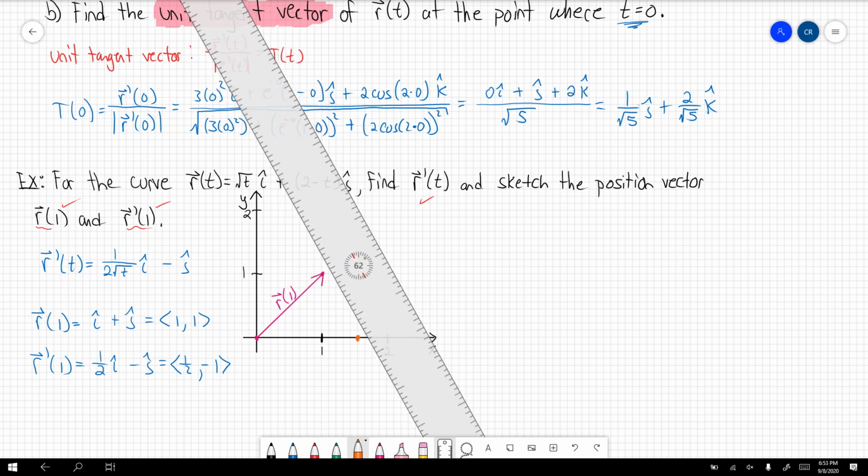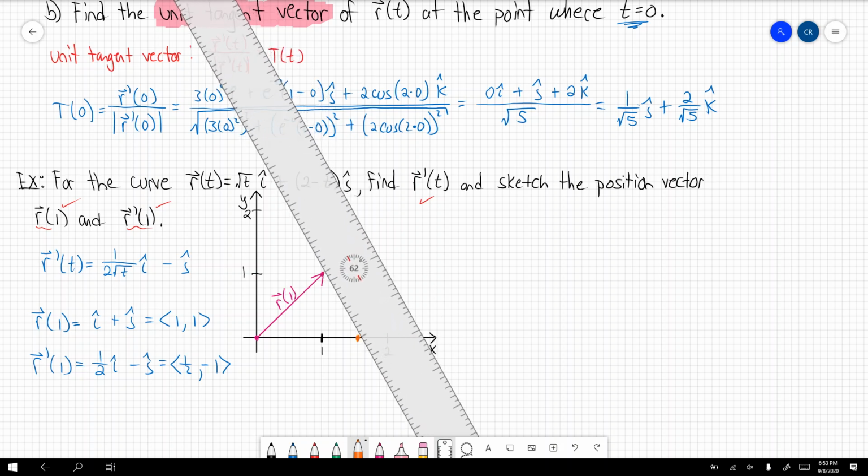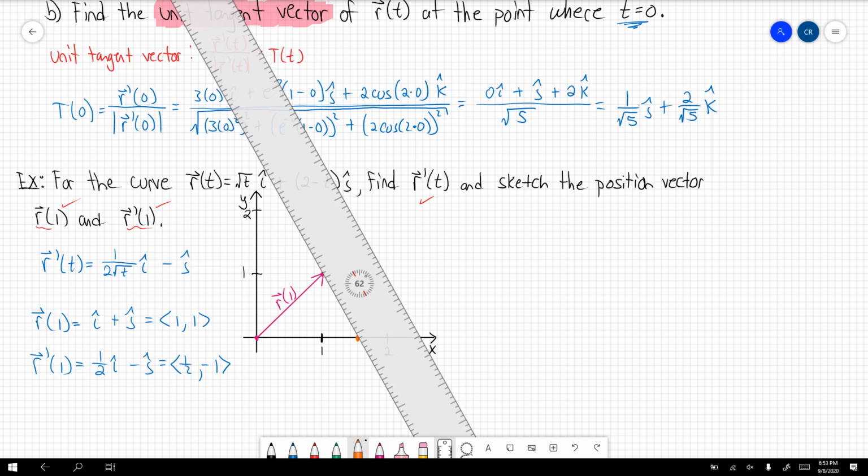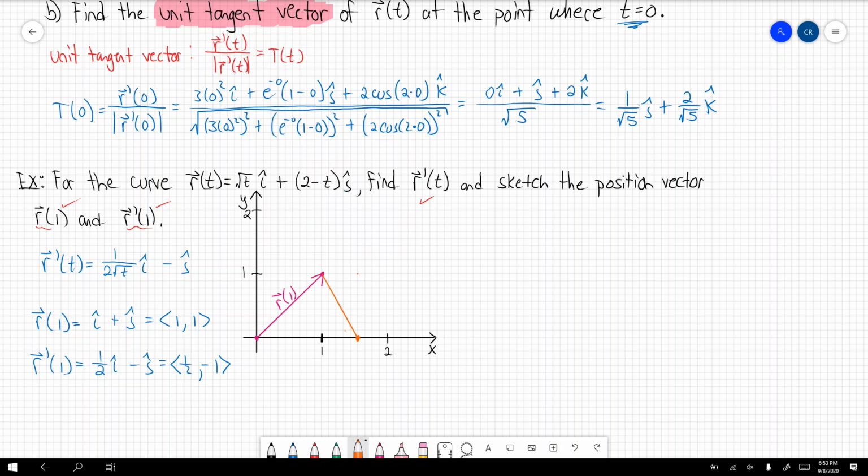All right, here we go. And here is r prime of 1. There we go. That's it. That's all there is to it. So now we've actually sketched all those position and derivative vectors that they were asking us to find. So we fully answered the question.